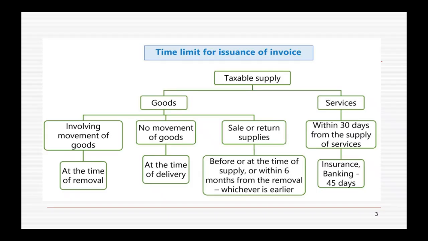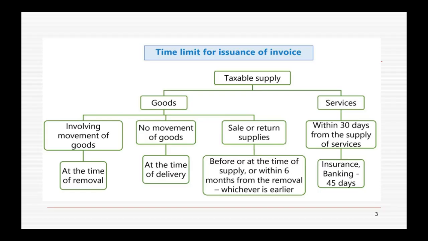As I clarified in the beginning, in case of interstate, you have to pay the IGST at the applicable rate, out of which 50% will go to the central government and 50% to the state government. As a taxpayer, I will deposit the GST. If it is IGST, it will automatically be credited to the central government account, and the central government will pass 50% of the tax collected to the state where it is consumed.